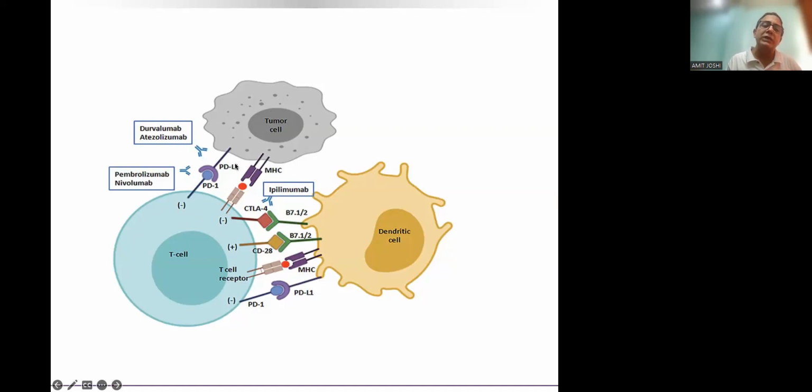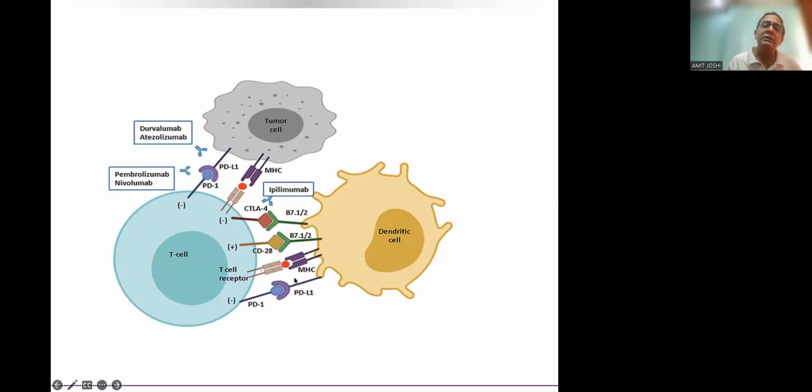So there are two types of inhibitor in immunotherapy. One is the PDL1 inhibitor, which targets the ligand present on the tumor cell, and another is the PD1 inhibitor, which targets the receptor present on the T cell. And there are other co-stimulatory molecules, and the most important one is ipilimumab, which targets CTLA4 and the dendritic cell activation. So the immune system is a very complex mechanism to understand.